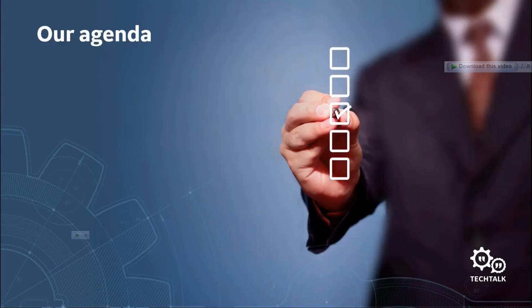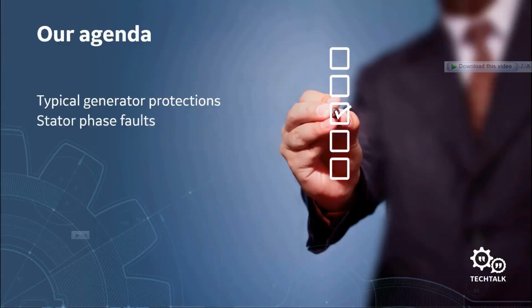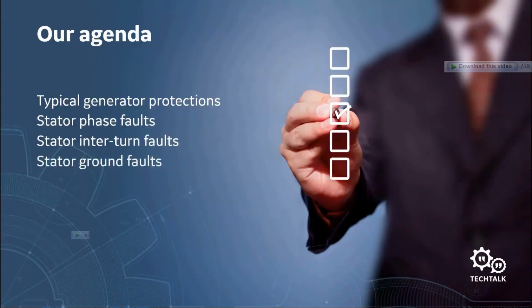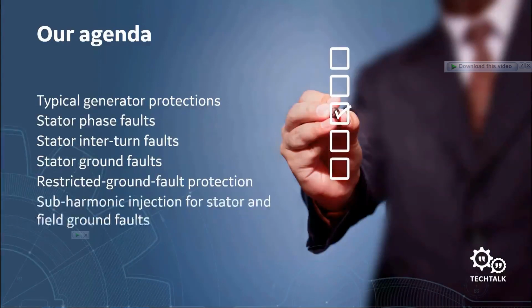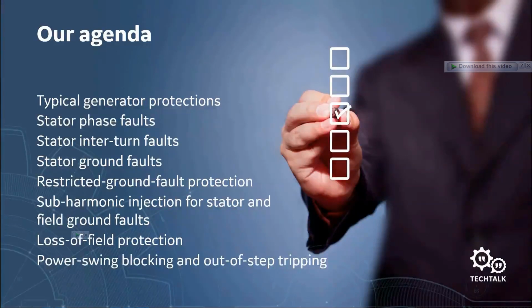The protections that I will discuss today are typical generator protections, differential protection for stator phase faults and stator interturn faults, stator ground faults, restricted ground fault protection, sub-harmonic injection for stator and rotor field ground faults, loss of field protection, and power swing blocking and out-of-step tripping. These protections can help you avoid costly rewinds and extensive downtime.